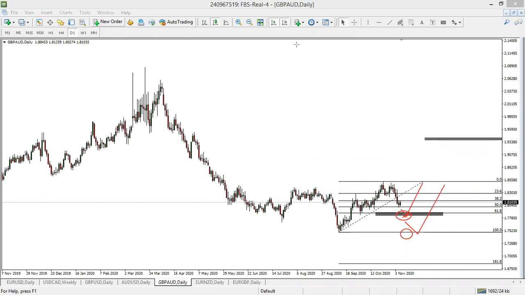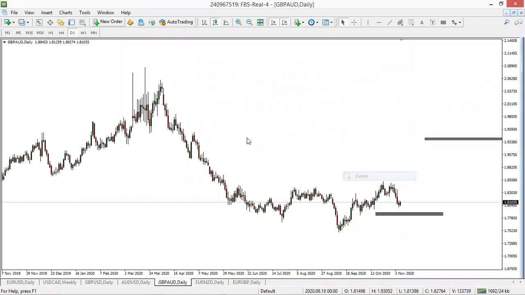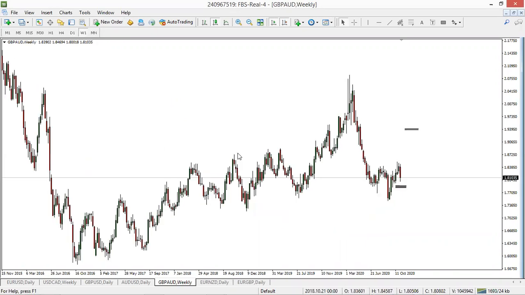This is what I want to do, but we have to be careful with our stop losses, because price doesn't always do what we envisage it to do. The weekly looks so fragile that price feels like it can easily break through this support.